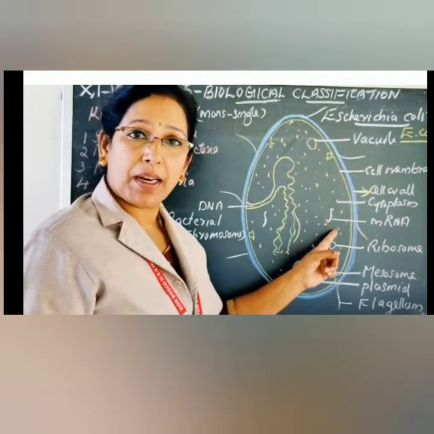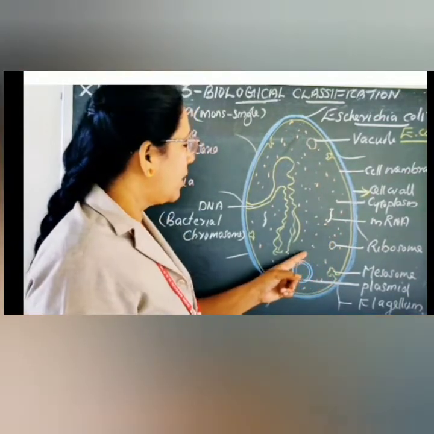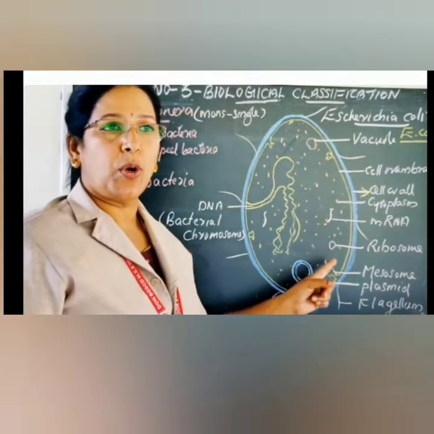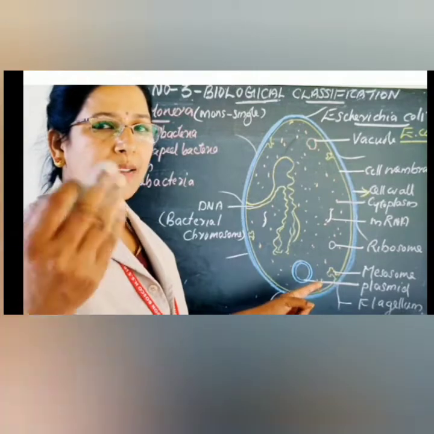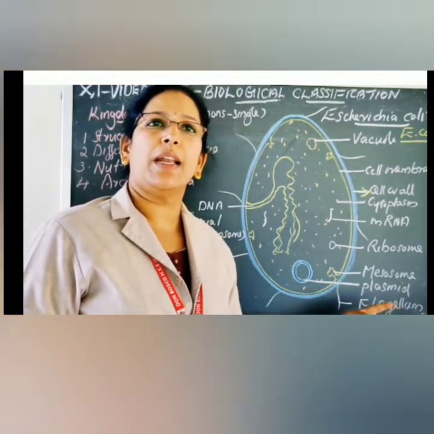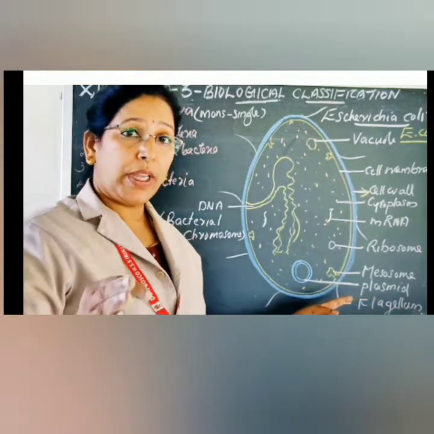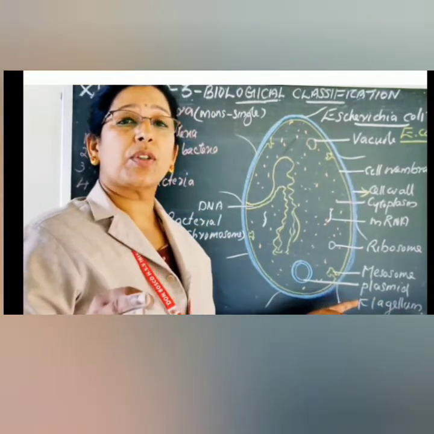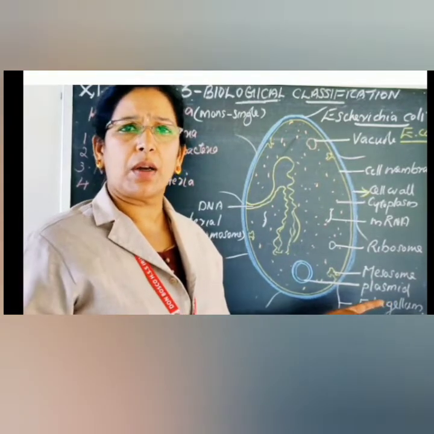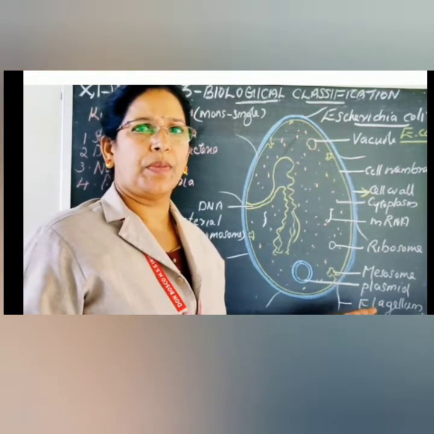What is mRNA? Messenger RNA. And here, ribosome. Why are you not saying ribosome is also an important cell organelle? It does the process of synthesis of protein. Very important cell organelle, ribosome.